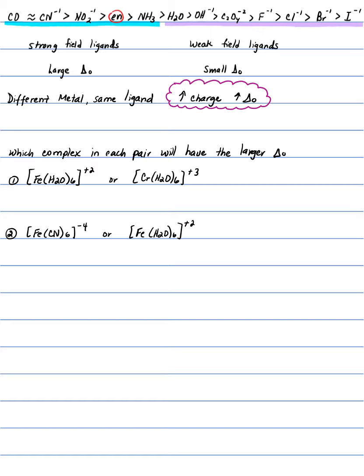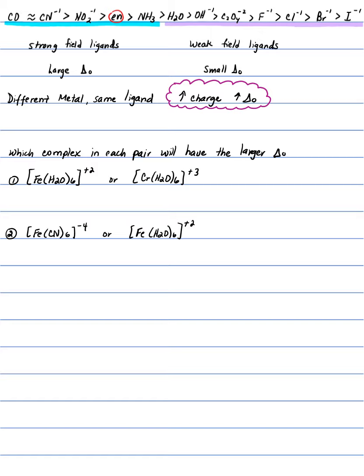It's water for both of them. Water is a weak field ligand, so it will give you a small splitting. That's how it works. But since it's the same ligand for both of them, we cannot use that to determine which one is going to have the larger splitting.